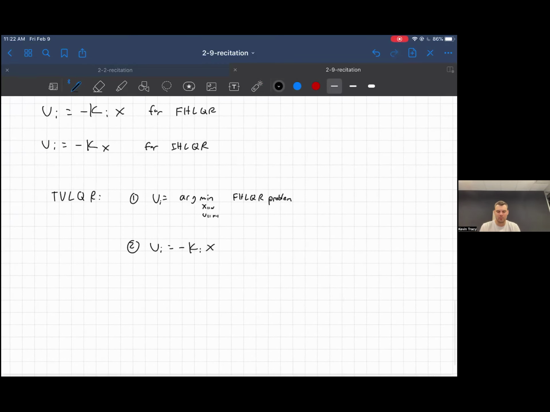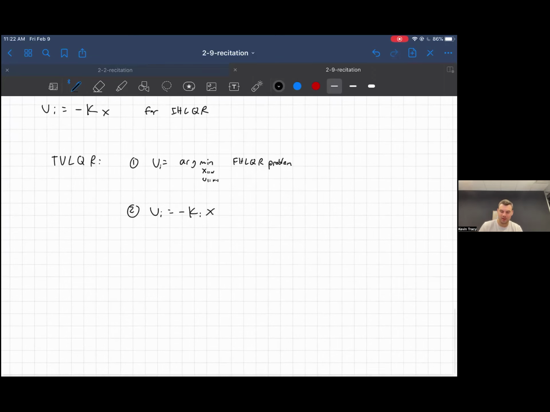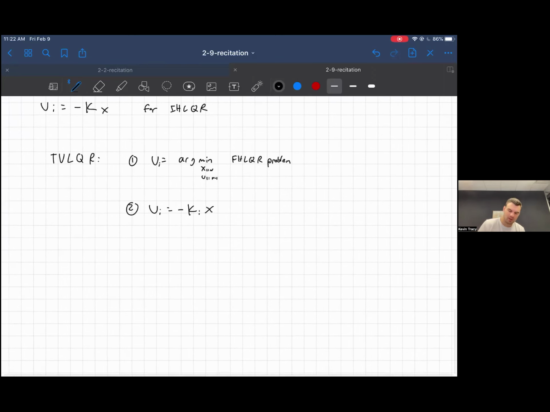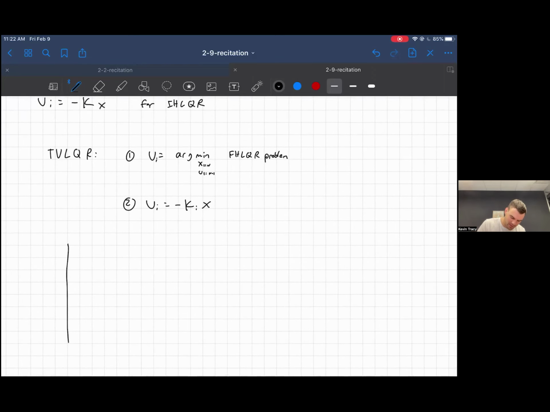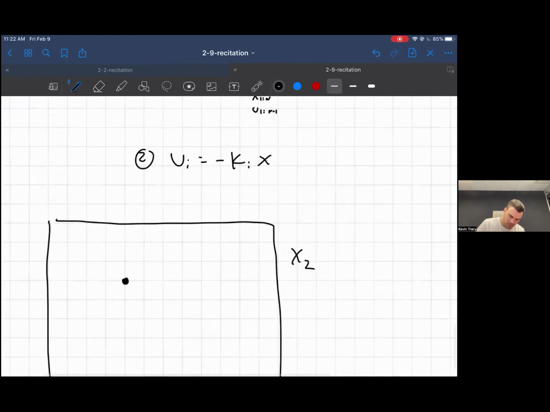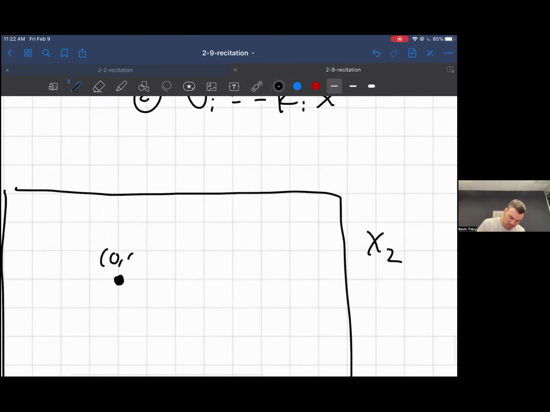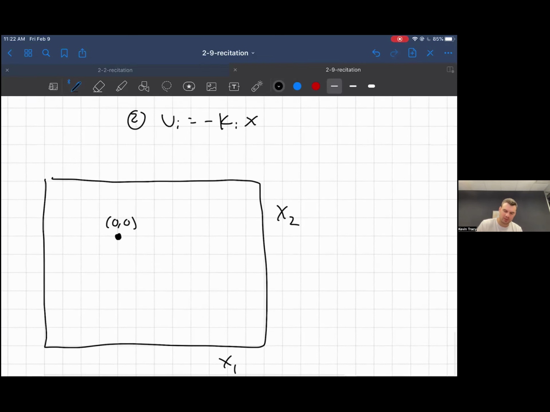So let's think about why we would maybe want to use one versus the other, and potentially maybe never use one of them. If I think about my state space, this is x1, x2. Here's the origin. Say I start with some x naught over here.